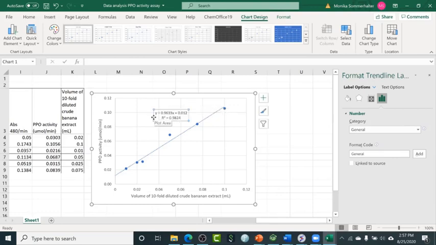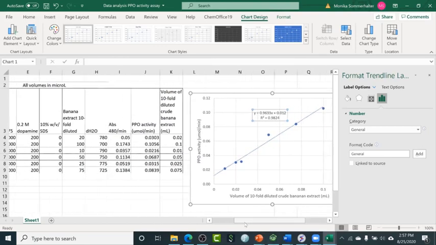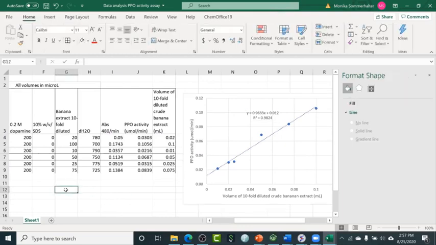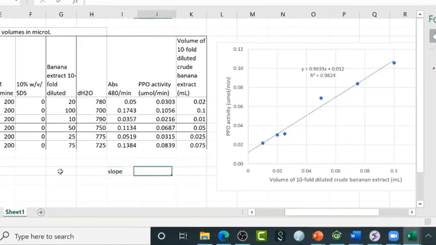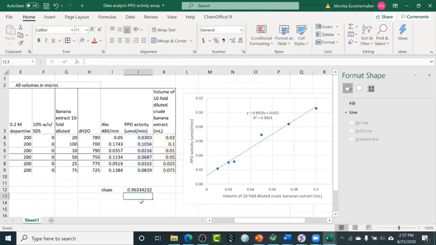And with that, your main part of the analysis is already complete. Crucial data are the slope. I can also use a slope function. So the known y values are the activity values, and the known x values are these.